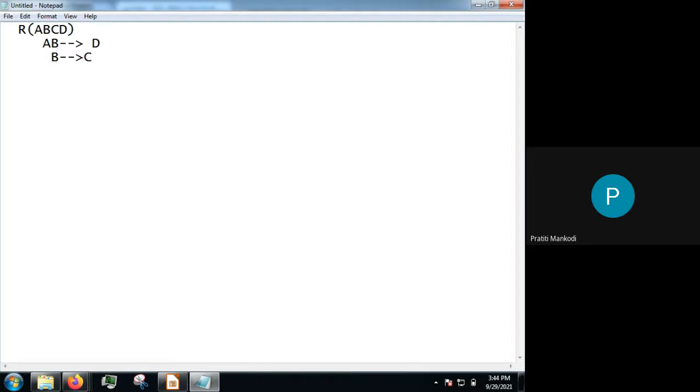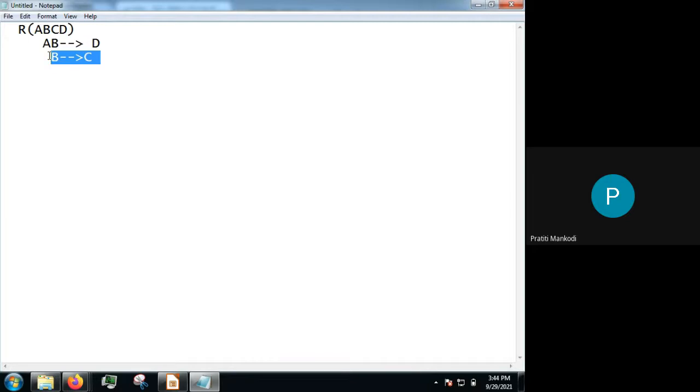So our aim is to remove this. This is called partial dependency. In this case, there is no partial dependency because D is dependent fully on the full key, right? But here you have partial dependency because C is dependent on part of the key only. Our aim is to remove partial dependency. Is it clear?